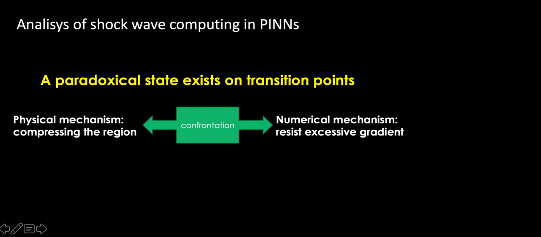But no matter PINNs or traditional methods, gradients will also have error and residual. This is the basic mathematical mechanism of why PINNs struggle. To confront this, we propose a new theory.